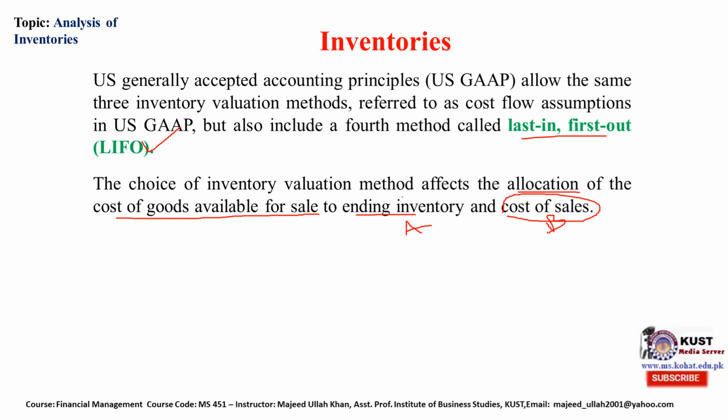But inventory valuation methods, either LIFO, FIFO, weighted average cost, or specific identification method, affect what? This allocation of cost. We will discuss it in further slides.